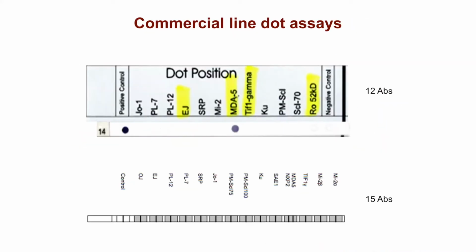But much more recently came these commercial line-dot assays, which give results in roughly 2 hours on one sample, in the context of a clinical myopathy. These are 2 different brands, 2 European brands in fact, and in the first example you have a patient with antibodies directed against MDA5.